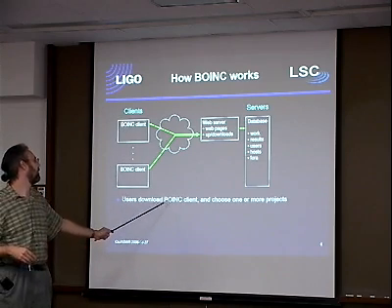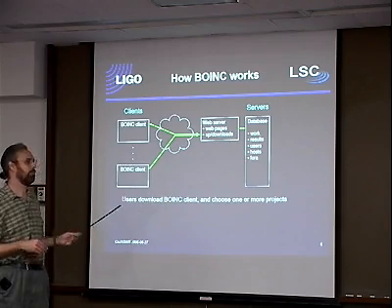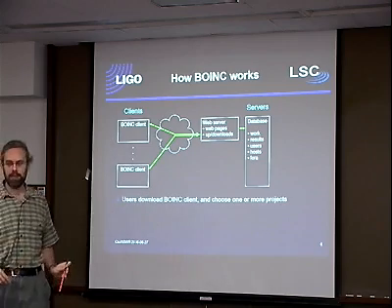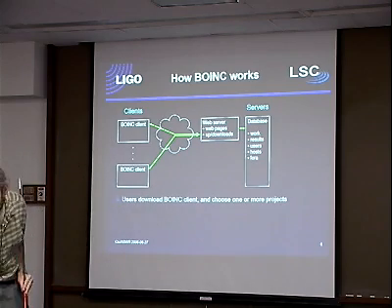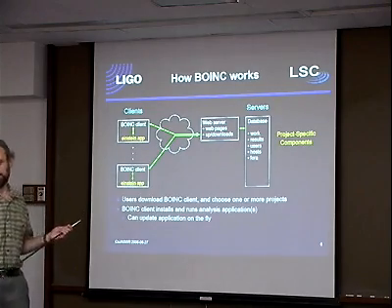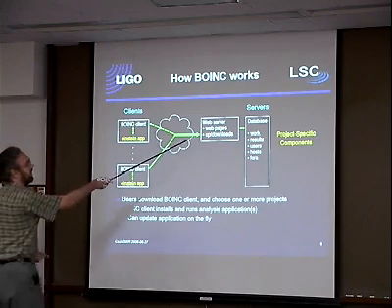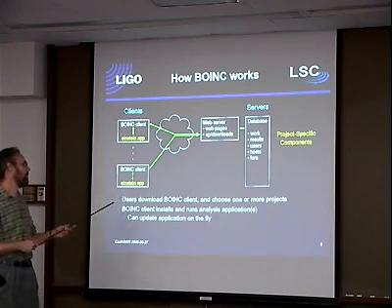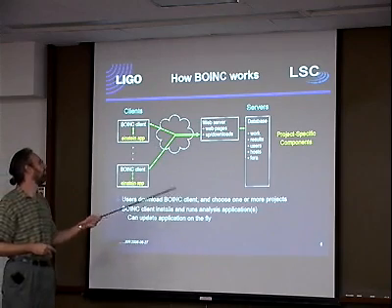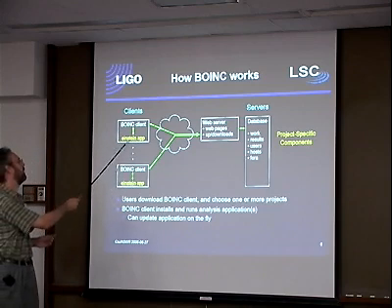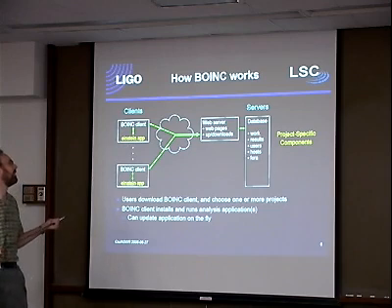The users download a BOINC client, a program or process that runs on their machines. And they choose one or more BOINC projects that they would like to contribute to. The BOINC client process then contacts the web server and downloads and installs the analysis application for whatever search they're doing. So in our case, an application that's called Einstein.